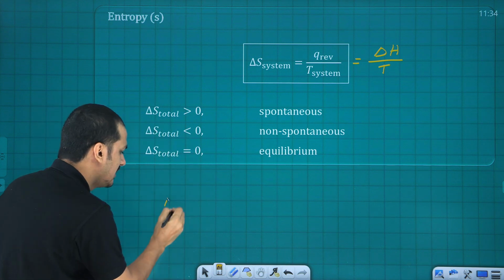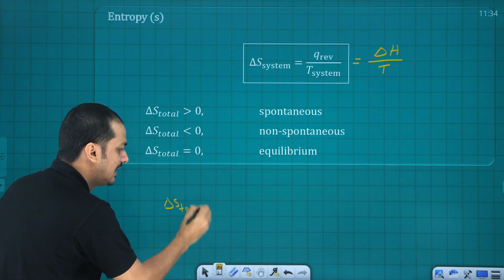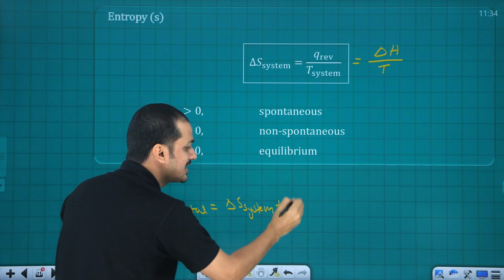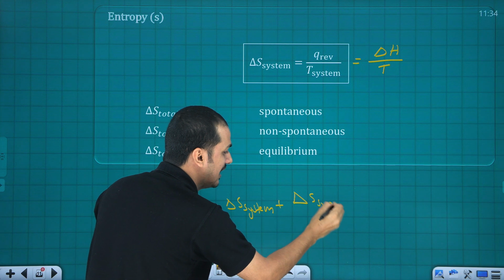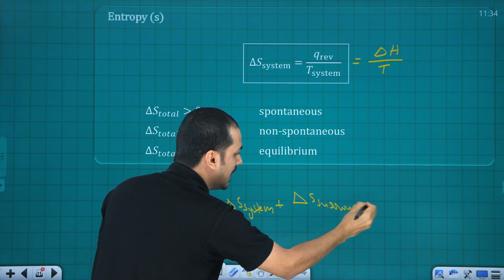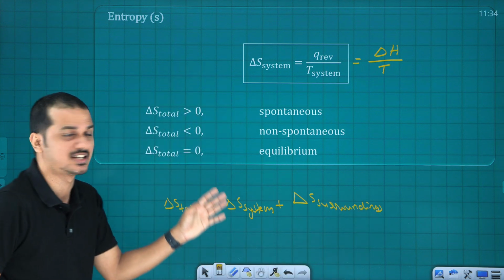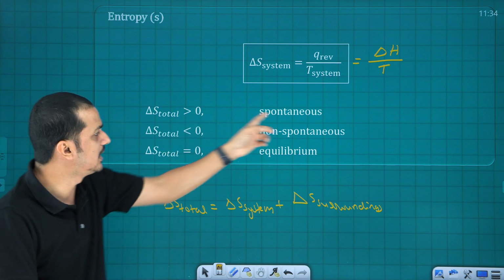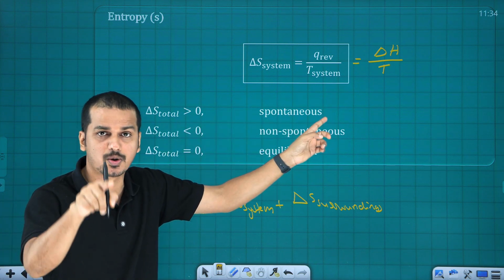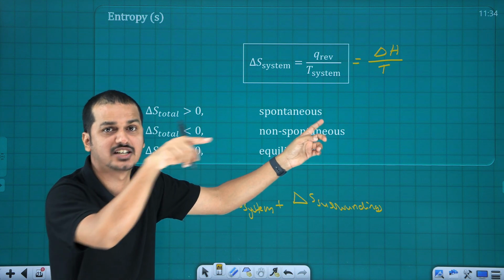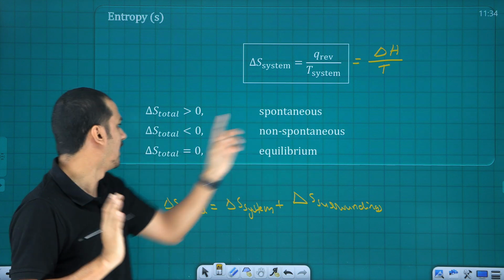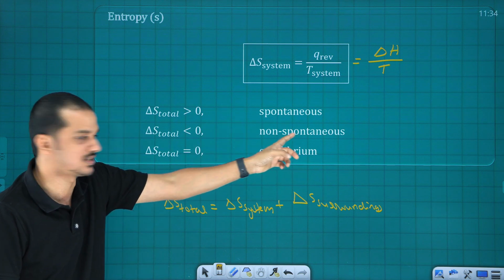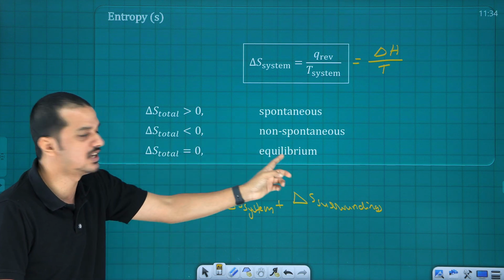Delta S total equal to delta S system plus delta S surrounding. If delta S total is greater than 0, that is positive, meaning that is a spontaneous process. Spontaneous process means that process occurs naturally. Clear? Yeah. And if delta S total is less than 0, that means that process is a non-spontaneous process. Delta S total equal to 0, meaning equilibrium.